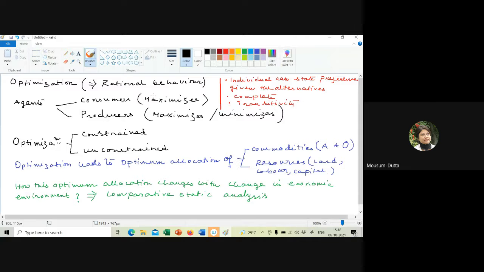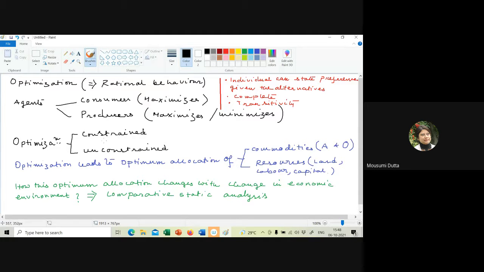So this group maximizes satisfaction, which we will call utility, subject to, say, their income or time, etc. So it's not a simple maximization. Later I'll come to that.